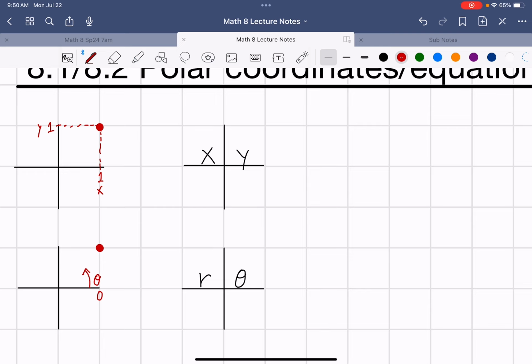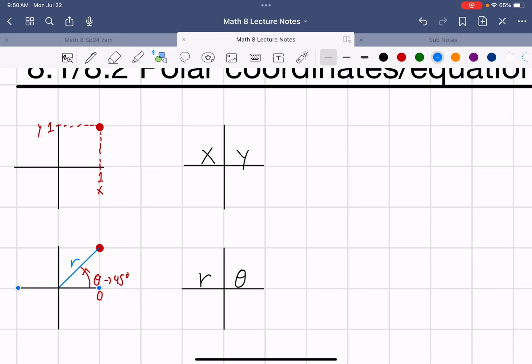Now, for a polar coordinate, you would actually go as far as 45 degrees because it's perfectly diagonal, and then you would go in the r direction.